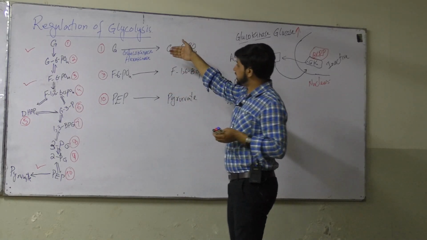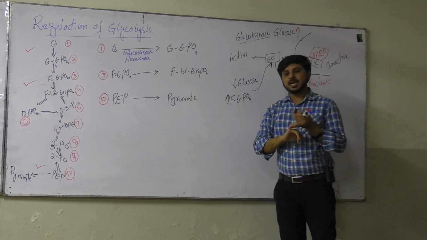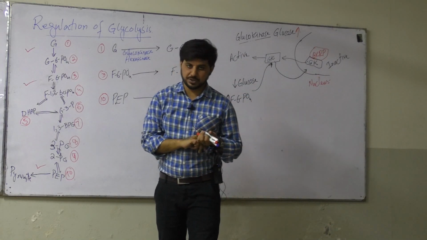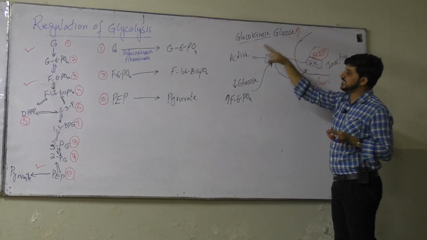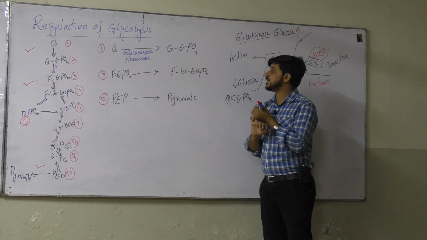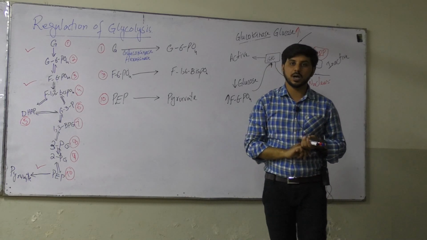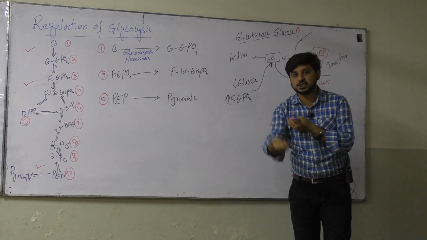And this glucokinase as well as hexokinase can also be controlled with the help of hormones. Not only the level of glucose regulates or affects glucokinase or hexokinase; they can also be regulated with the help of insulin or glucagon. And here we are discussing the utilization of glucose.